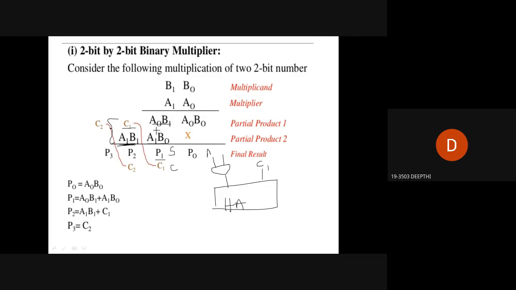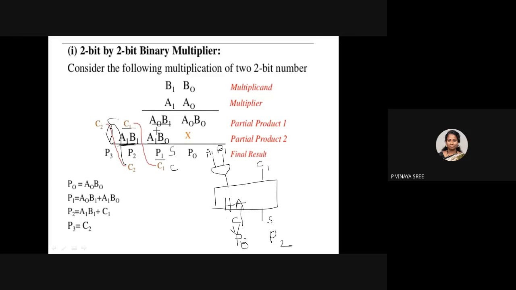One is A1 B1, and the other operand is C1. So what outputs will you get from the half adder? One is sum and the other is carry. This sum will be considered as P2. This carry we are giving here, and this carry will be considered as P3.